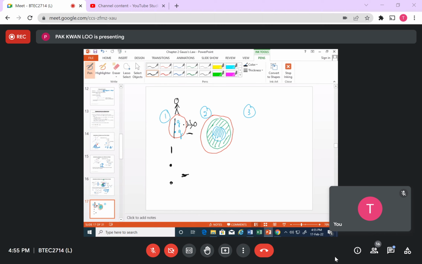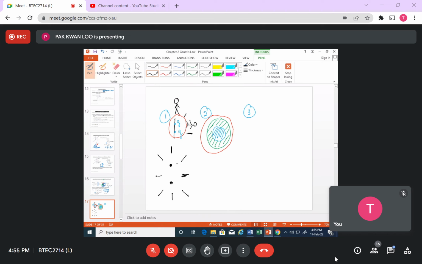And again, if you move slightly above here, the symmetry is not maintained. So you stand here, here, here, regardless of where you stand, the charge distribution is not maintained.